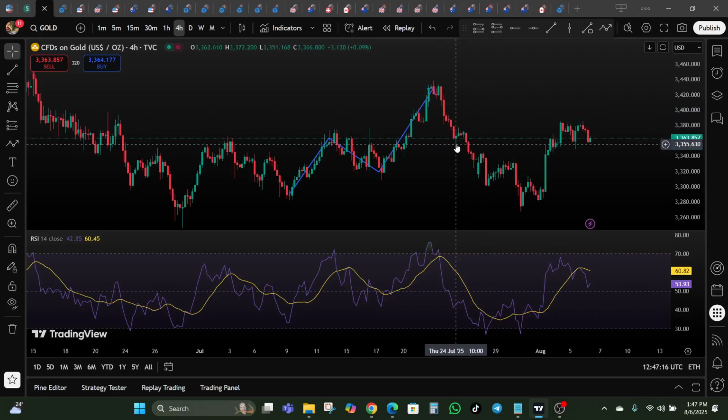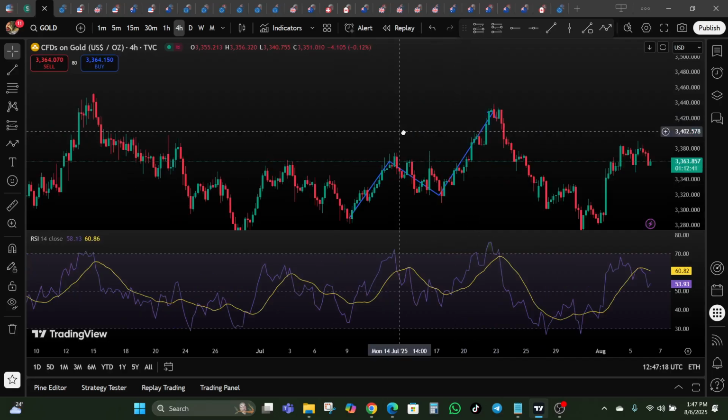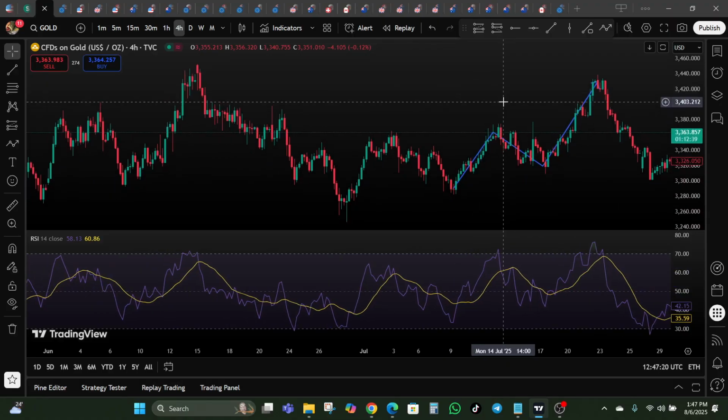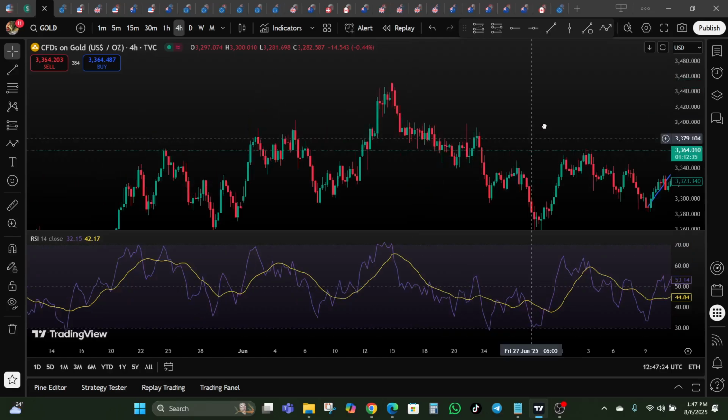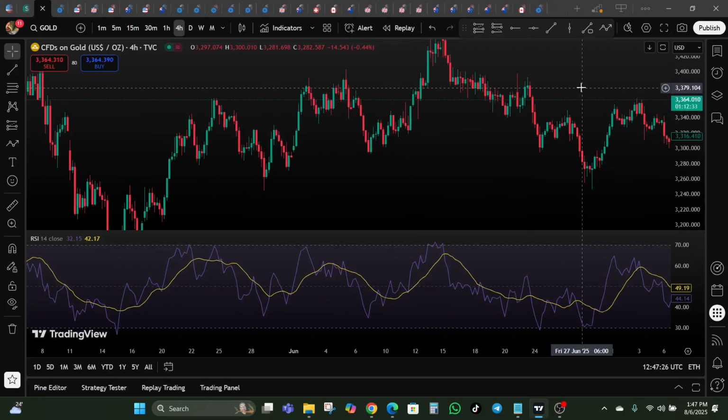Or when the price is making lower highs and lower lows, and then you have the RSI forming higher highs and higher lows, it is also called a divergence. There is bullish divergence and there is bearish divergence. So that disagreement between price and momentum is a major clue.